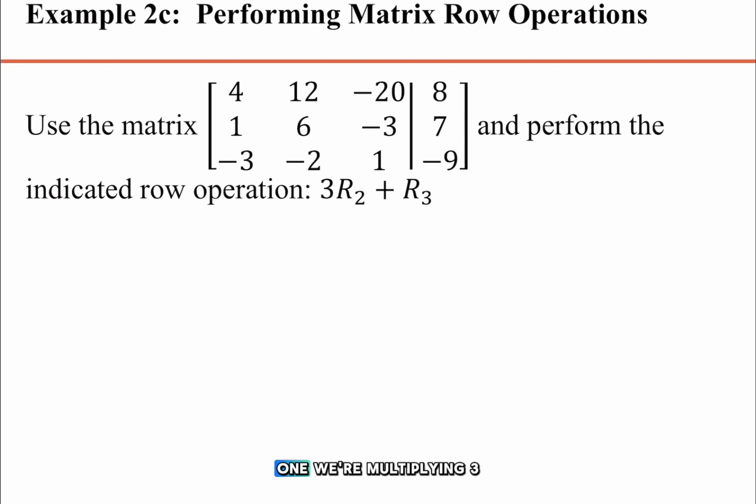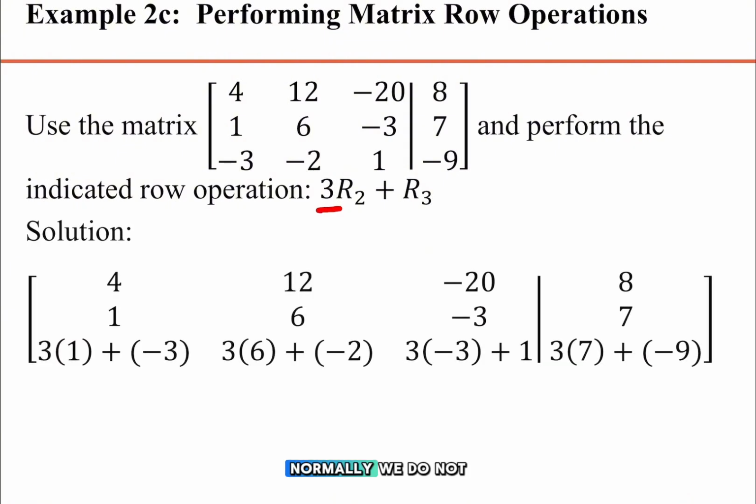And then for this one, we're multiplying 3 to row 2, adding it to row 3. Normally, we do not do it this way where we put the entire thing inside the matrix. This is a lot of writing across a matrix. So normally, we would just multiply 3 to row 2, and we would just get that, and then we would add it.